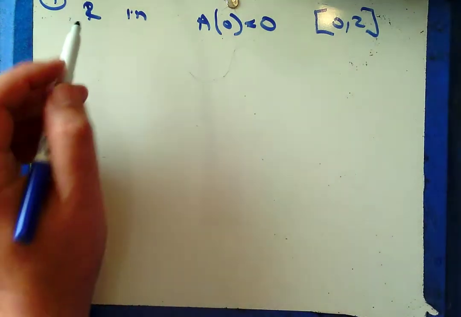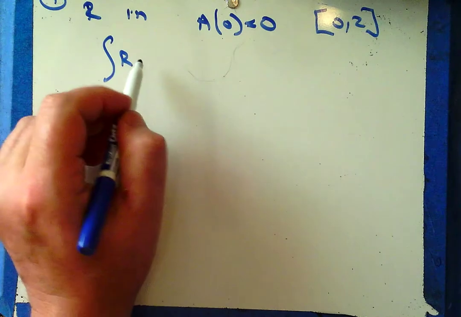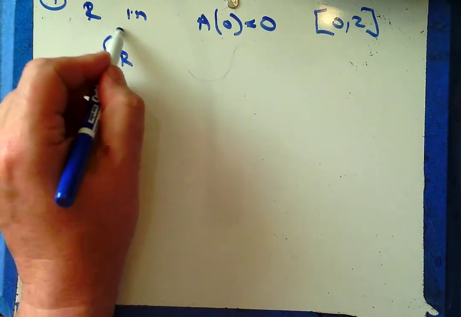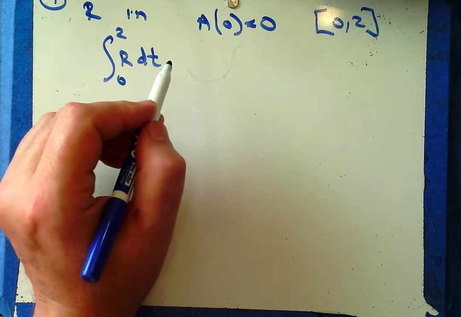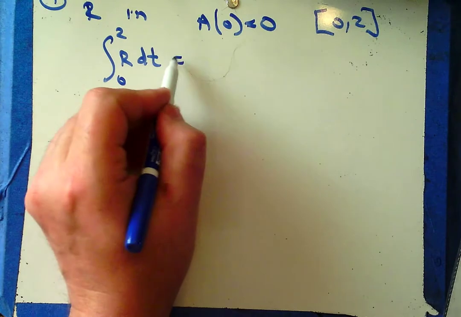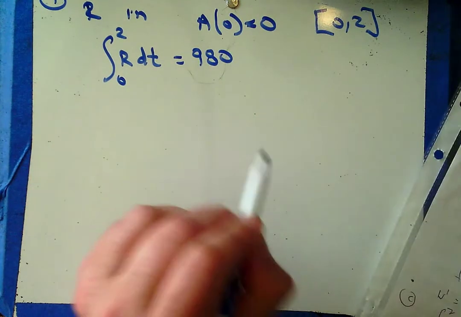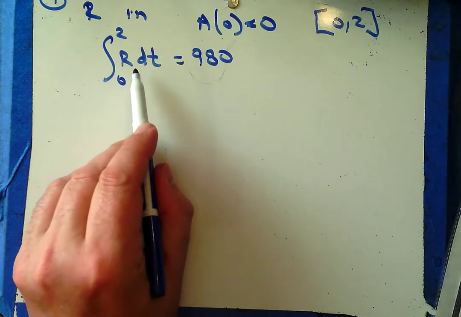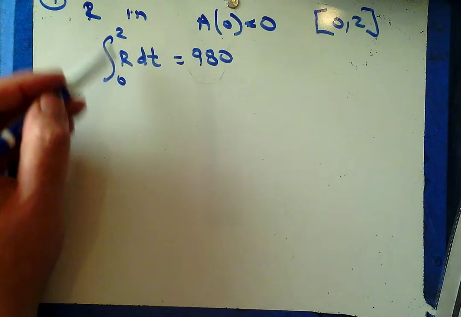Well, there are no people leaving, there are only people entering, so I'm going to integrate that rate of people entering from 0 to 2 to find the number of people at time equal to 2. And when I do this, I get that 980 people showed up. Now, how did I do that? Well, I pulled out my calculator, I typed R of t in, and I did the integral of R of t from 0 to 2.